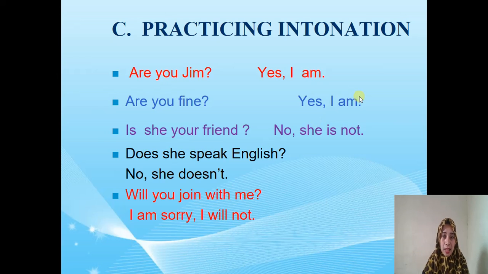Because this sentence is a statement, and statements are generally spoken with falling intonation. Did you get the difference between rising and falling intonation? Is she your friend uses rising intonation because it is a yes or no question beginning with the helping verb is. No, she is not uses falling intonation because it is a statement.